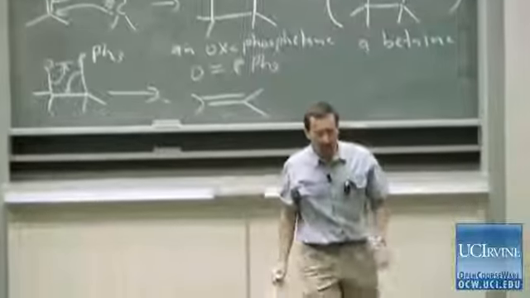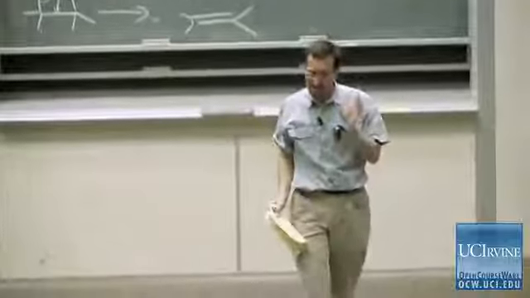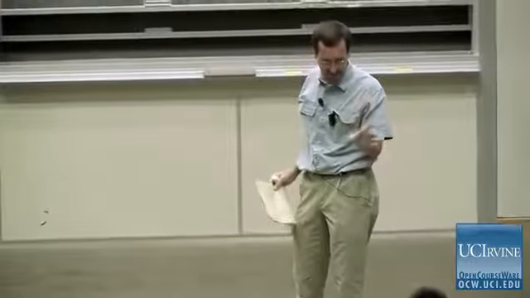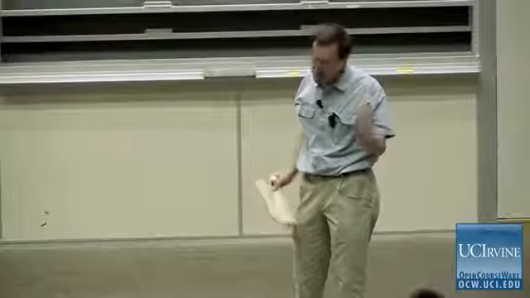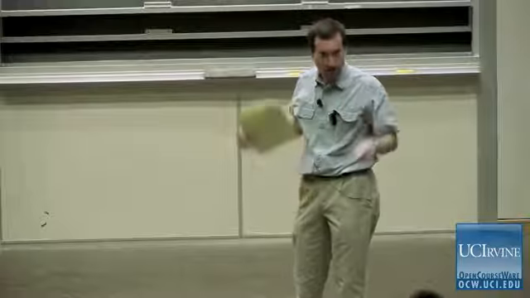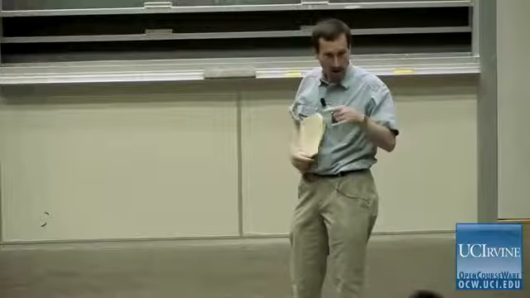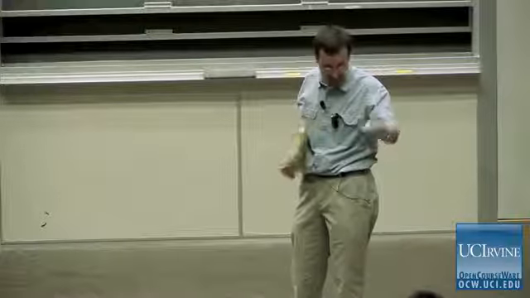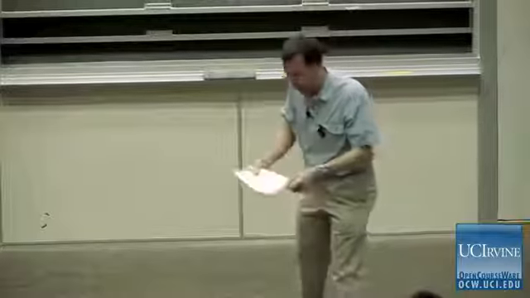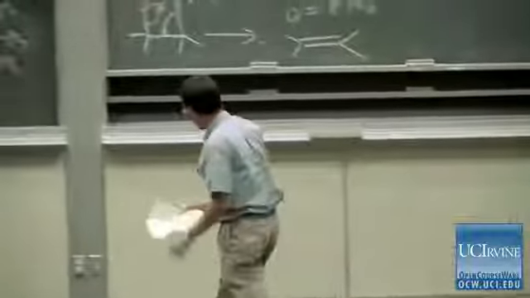And getting well beyond the scope of the course, and you can read more for starters on Wikipedia and the article cited there, is this issue of why in certain circumstances you prefer to form the cis species. But I'm going to skip that for now because it gets well beyond the scope of the class.